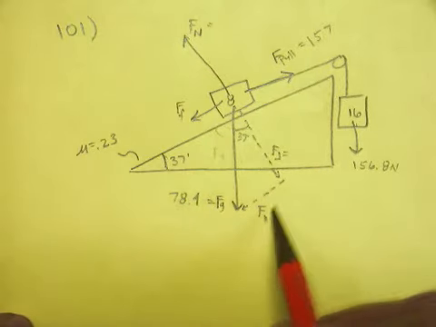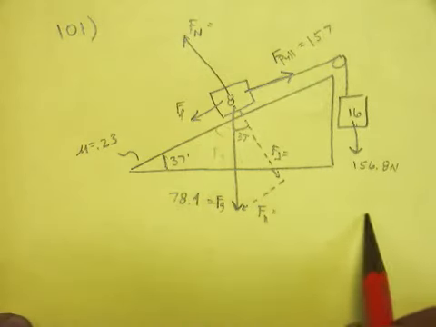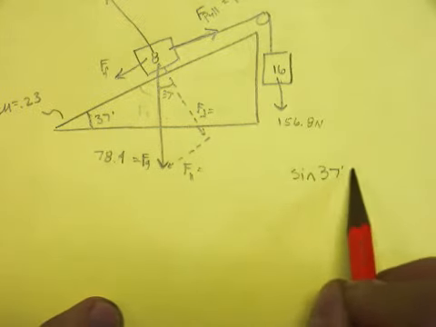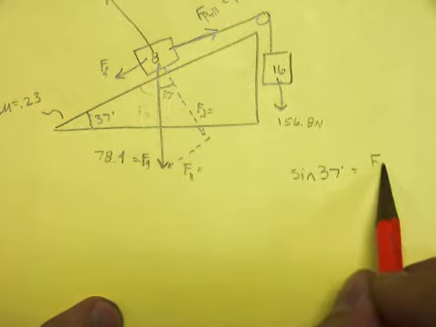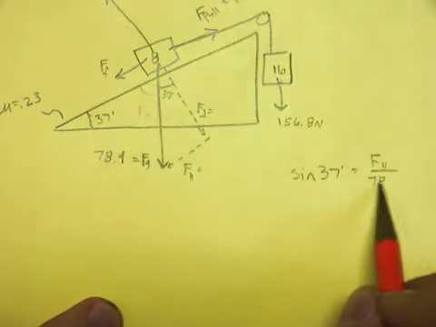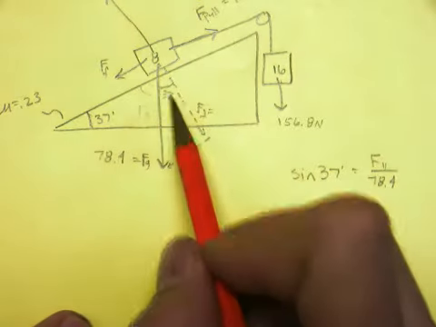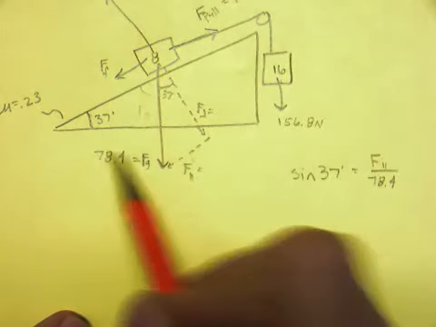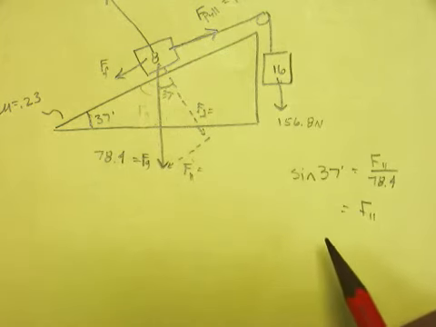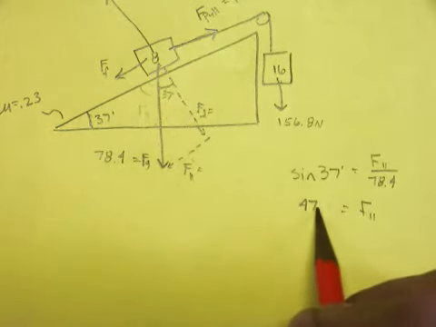I'm going to use the sine and cosine to find these. So I'll say the sine of 37 degrees is equal to the opposite, which is the force parallel, divided by the hypotenuse, which is 78.4. So the force parallel, you can do that on your calculator, comes out to 47.2.